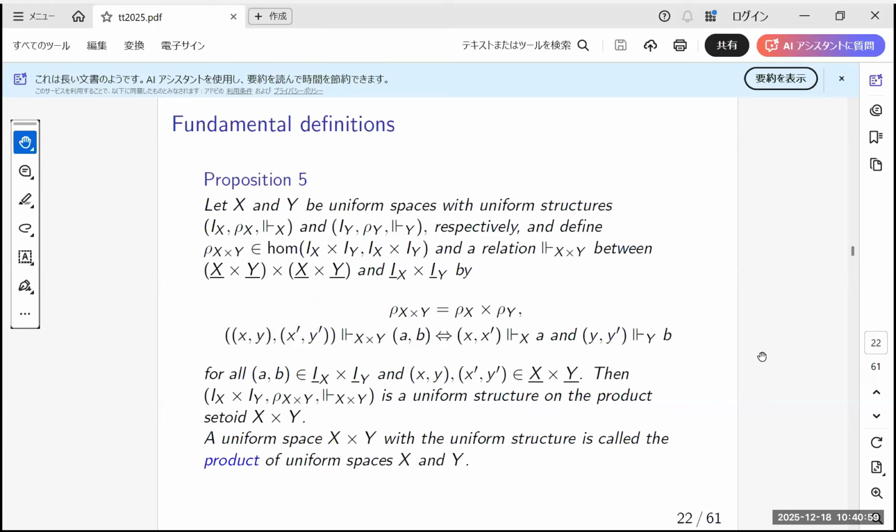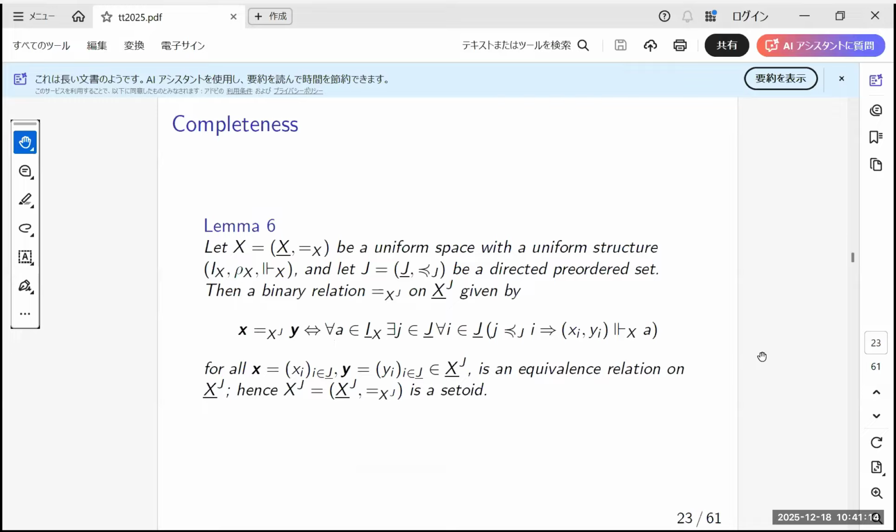And also we can define the product uniform space in this way, the product of two uniform structures. And for the space of nets, we can introduce an equivalence relation in this way.